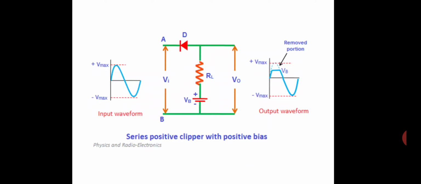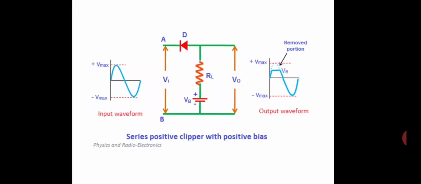At first VB is more than input Vi, so the diode is forward biased and current flows through RL due to VB, and output comes at the positive portion. When the input slowly increases to Vmax, the diode becomes reverse biased because the battery voltage VB is small and the input is greater. Vi is greater than VB, so the diode is reverse biased.